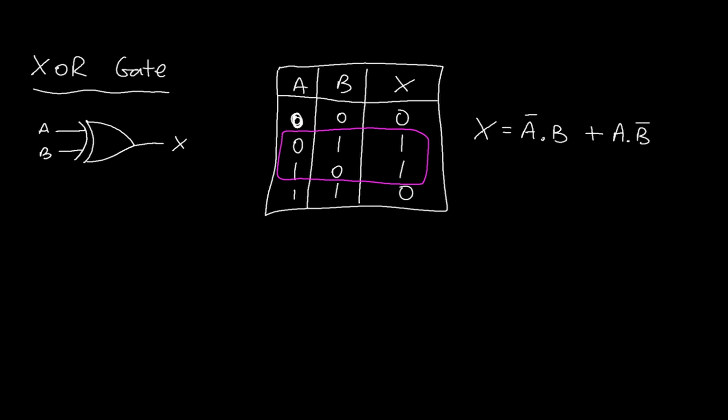Okay, so let me just repeat that. X is equal to NOT A and B, in other words, A low, B high, or the third row, A is high and B is low. And that is an exclusive OR gate truth table for you.